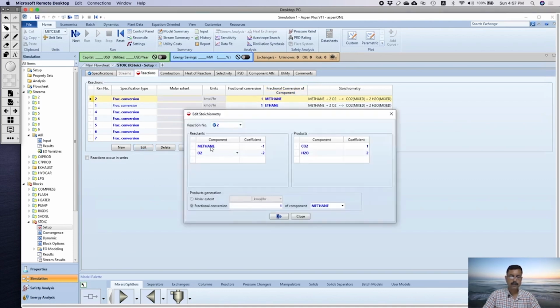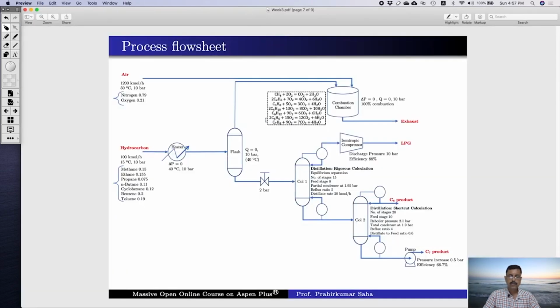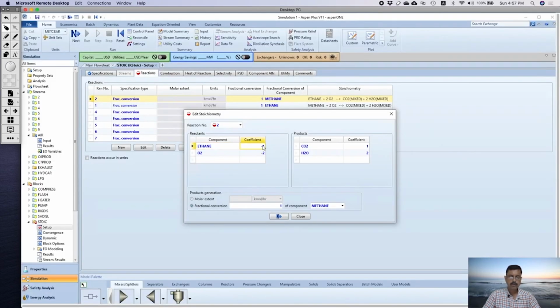So this is ethane, 2746. Component ethane.